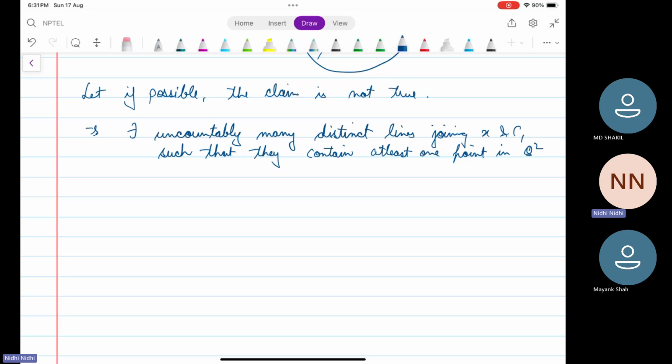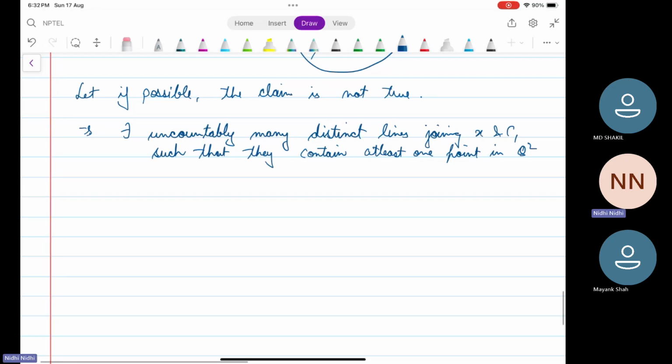That is why it was not contained completely in R2 minus Q2. Now, what does this tell us? This tells us that Q2 has uncountably many points. But we all know that Q is countable, Q cross Q is again countable. So that gives us a contradiction.